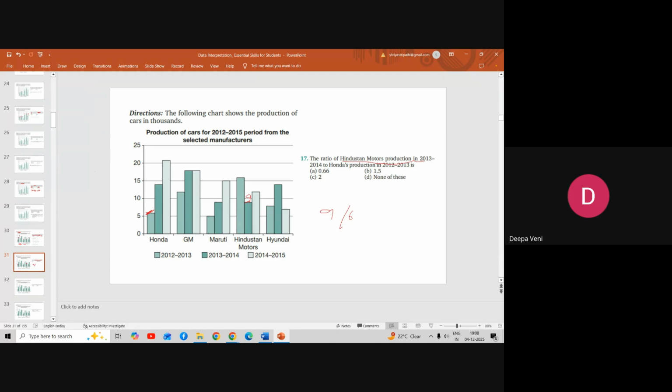Ma'am, 9/6. Won't it be in the form of a ratio, like in the form of times? Decimal, if we consider. Yes, it will be in decimal. But here the nearest option we have is 1.5.